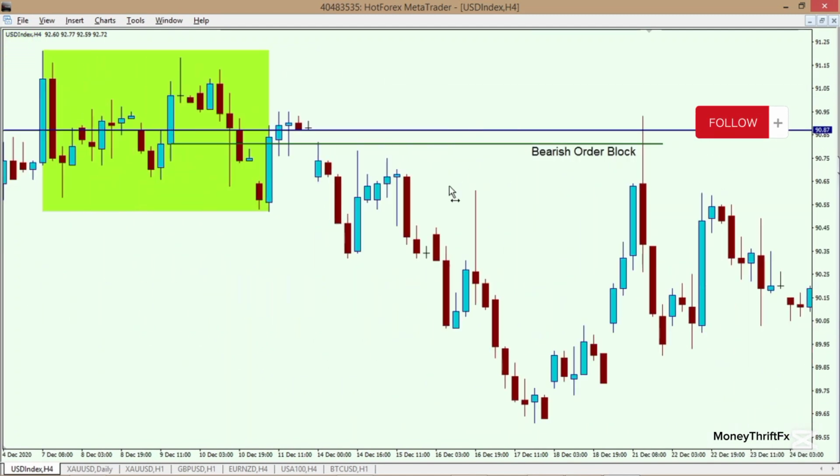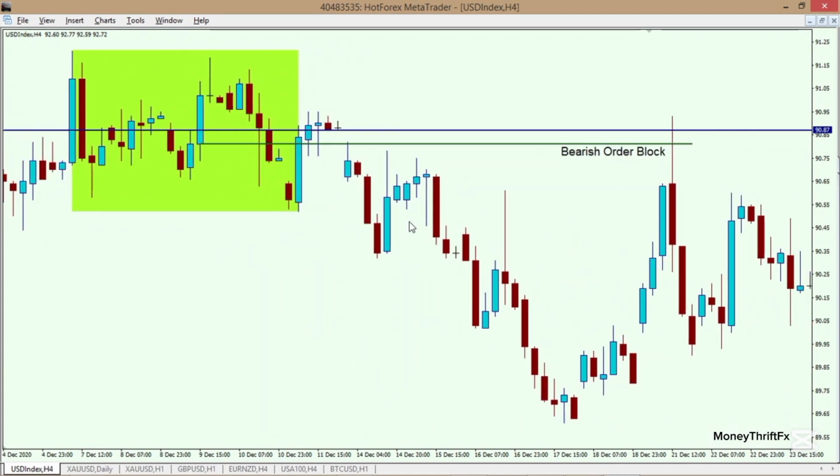Right? This is just the opposite for a bullish order block. So I look for the candle closest to the center of the range. In this case, it is this guy here. You can even see that price went low, came out of the order block and tested the area.